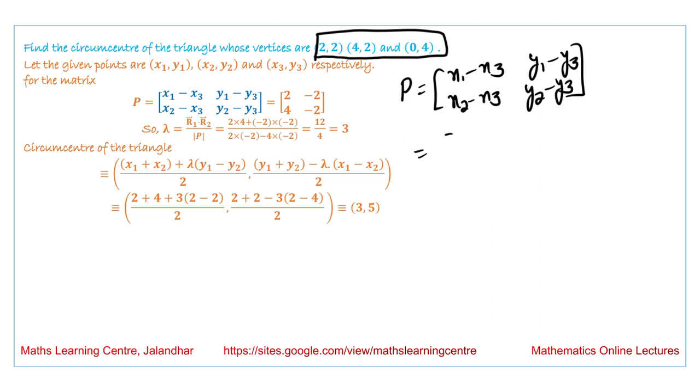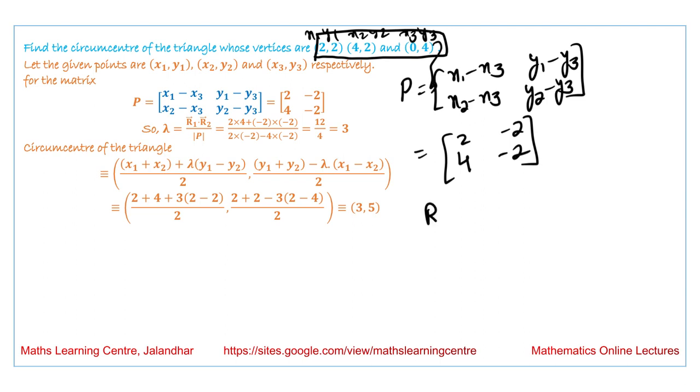If we calculate these values, the answer we obtain is 2, minus 2, 4 and minus 2. Here x1 y1, x2 y2, and x3 y3 are substituted, and we obtain this matrix P.